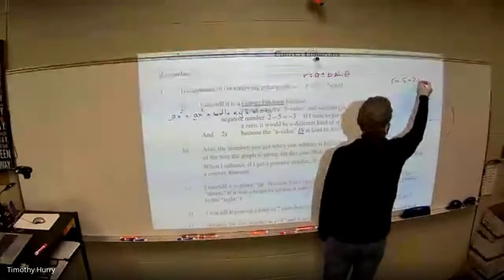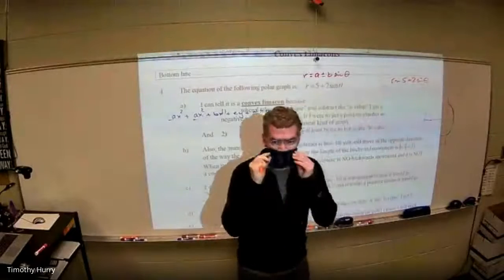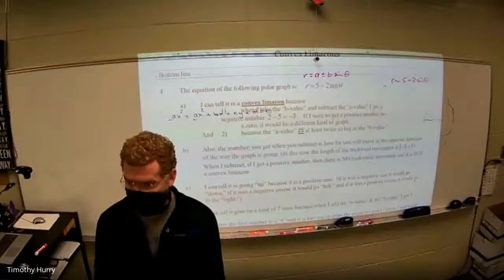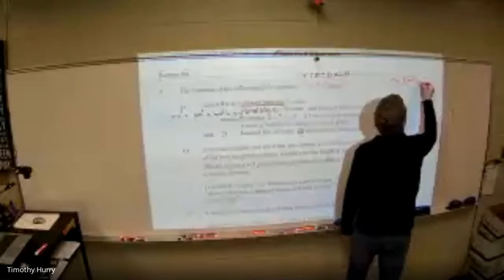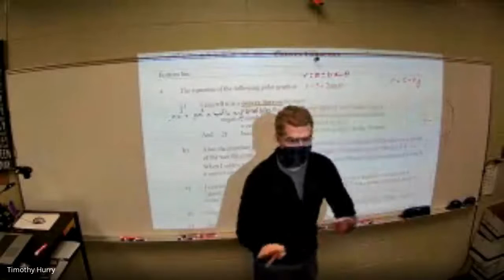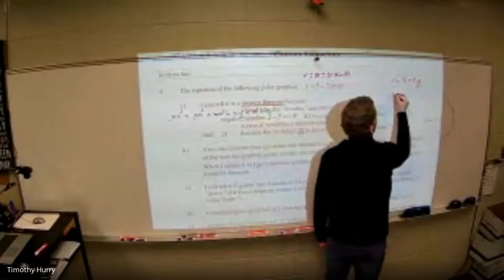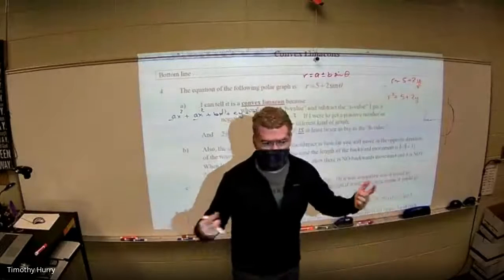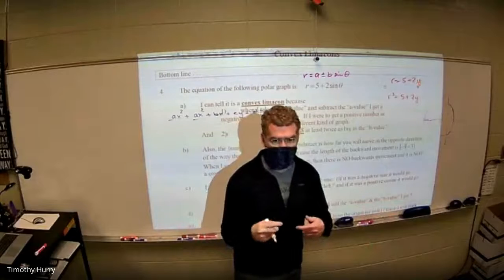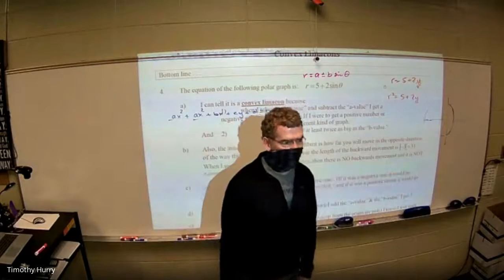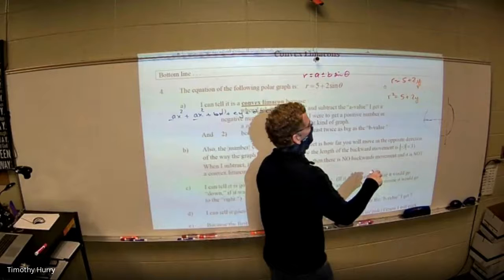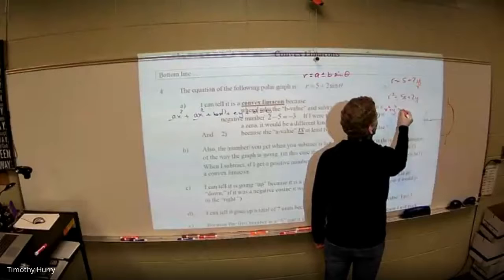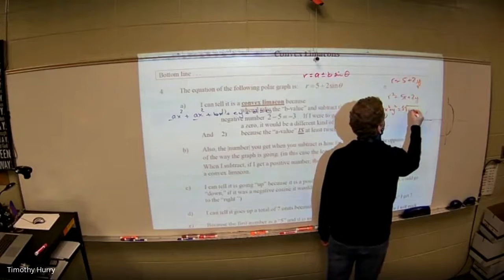And if you remember the clues I gave you for changing these, I said functions first. So sine is y over r. Then I said we never have fractions, so multiply through by r. And then at the last, as you're getting rid of fractions and getting rid of trig functions, if you happen to have an r left that you can't get rid of, replace it. So at this point, I replace that r with the square root of x squared plus y squared.